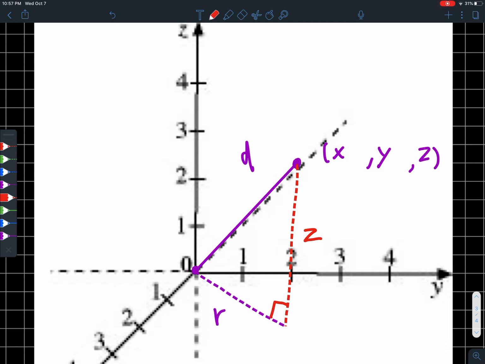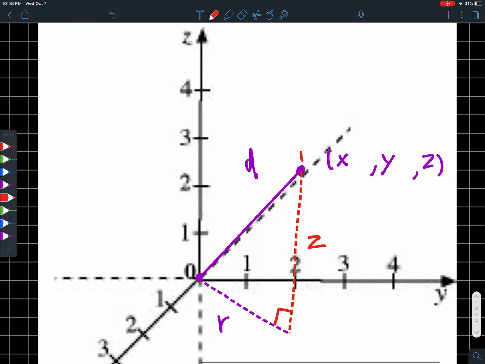We have this red line, which is z units tall, between our second point and the xy plane. And we have this line, R, running from our point, the origin, to where this line Z intersects the xy plane.